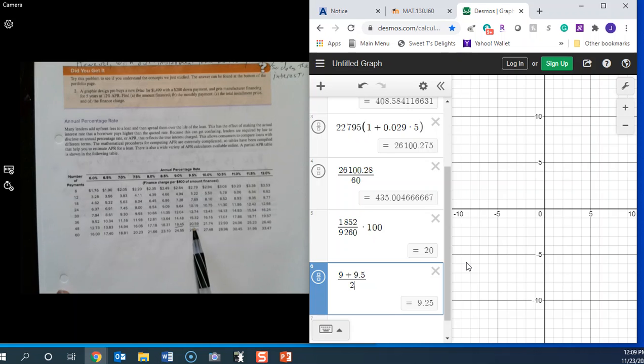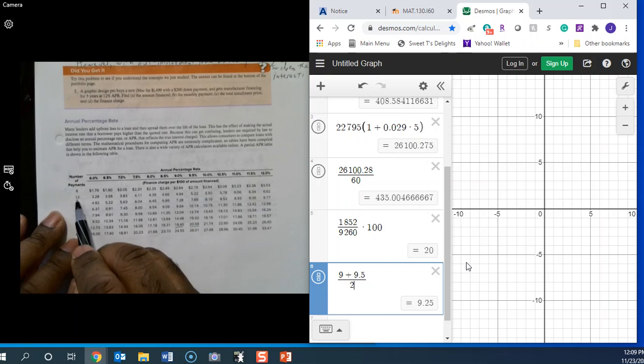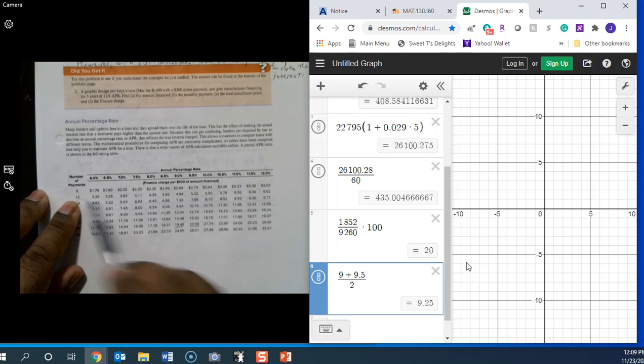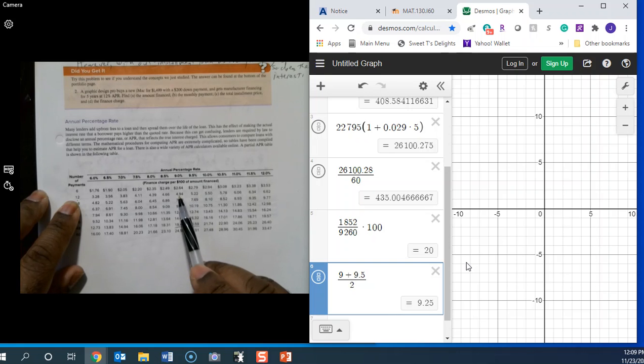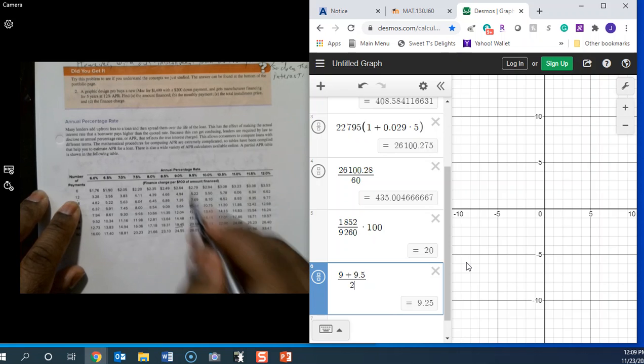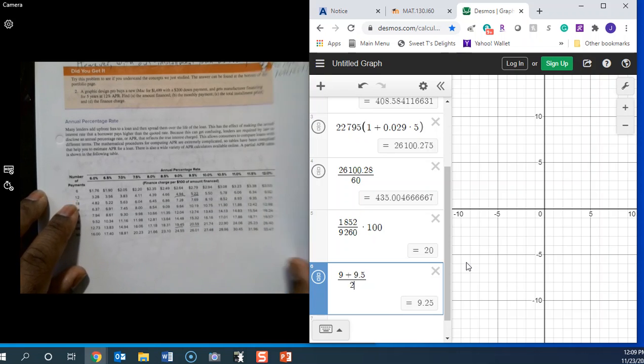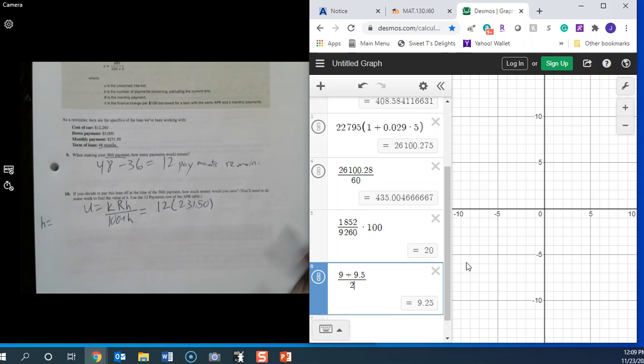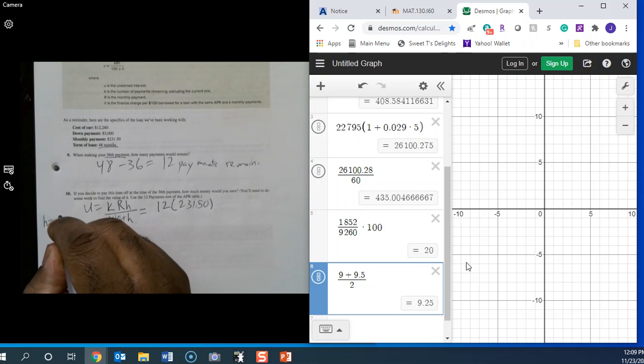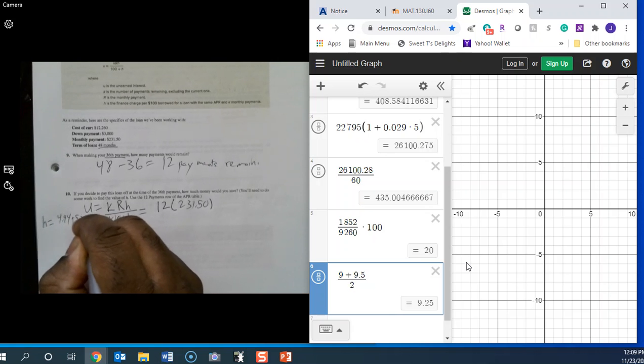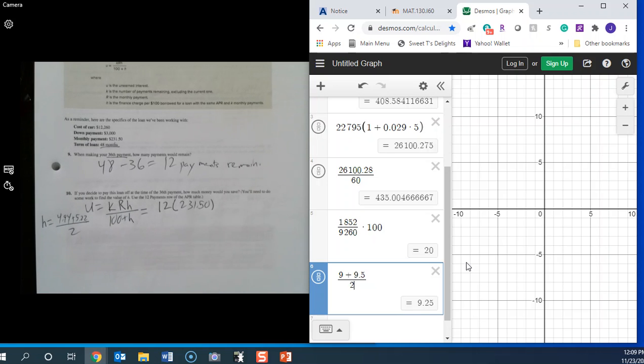But now, since we're going to pay it off, we got 12 payments left. So we go here to the 12th month, and we would go over here to the 9.5 and the 9.0. So that'll be 4.94 and 5.22. So over here at H, again, it'll be 4.94 plus 5.22, and we have to divide by 2. Because remember, we're going to take the average since we have two values.